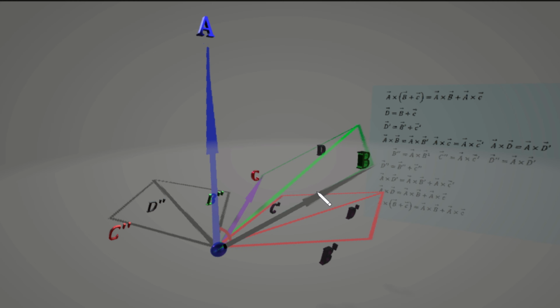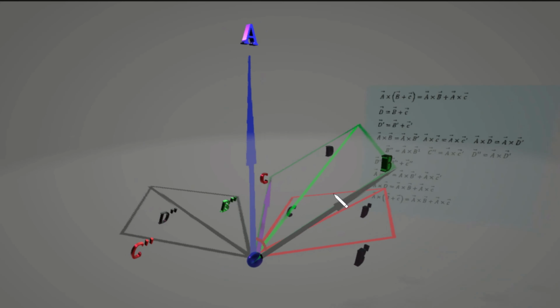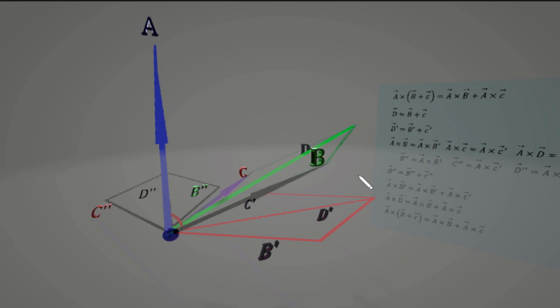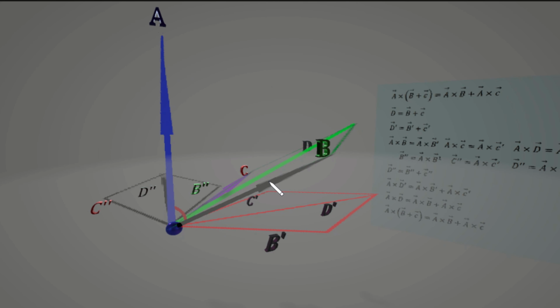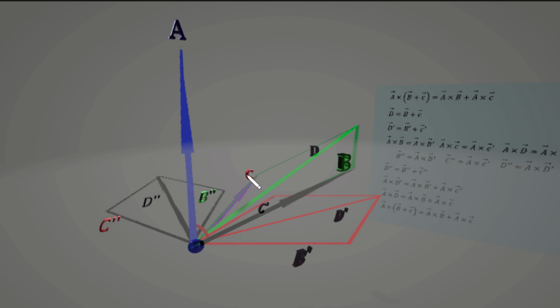Here the parallelogram is represented with a green color. This is the B bar, this is the C bar, the parallelogram. The diagonal is D. That means D bar is equivalent to B bar plus C bar. Now come to the components of B, D, C vectors onto a plane perpendicular to A bar vector.